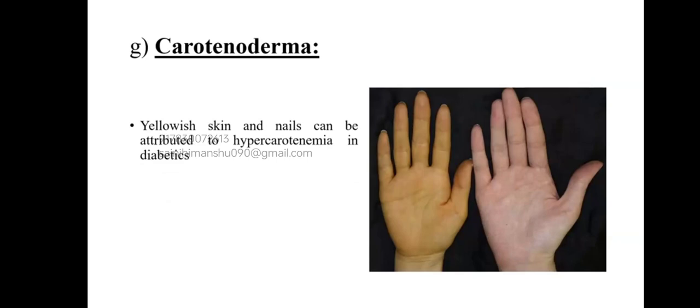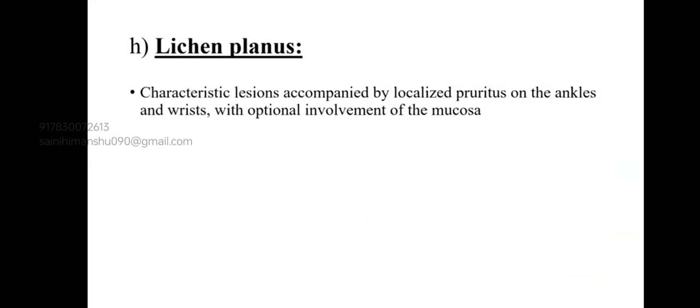Carotenoderma, a yellowish discoloration of skin and nails, is usually seen in diabetes, particularly in chronic diabetic cases. Lichen planus, we discussed yesterday. It's a characteristic lesion accompanied by localized pruritus or itching on the ankles and wrists, with optional involvement of mucosa.